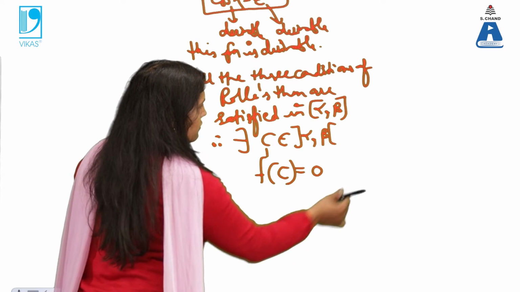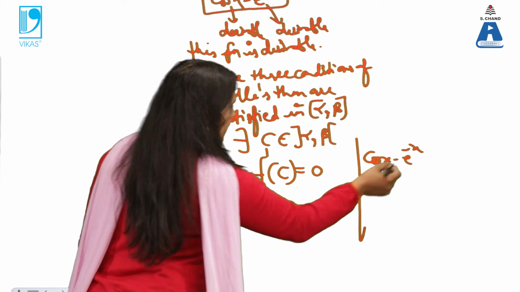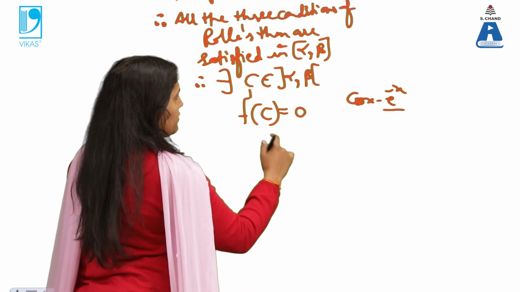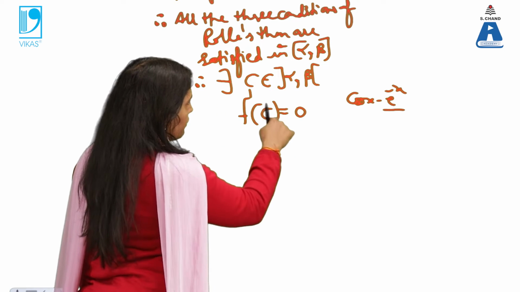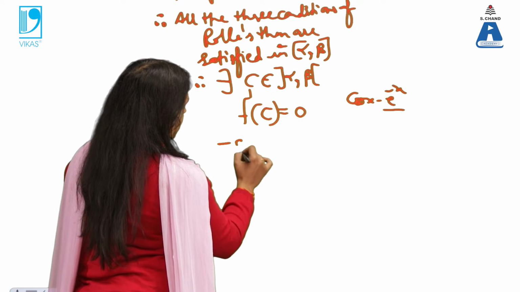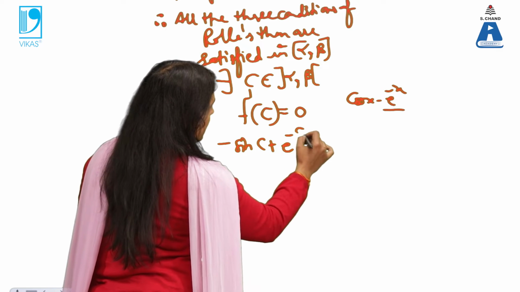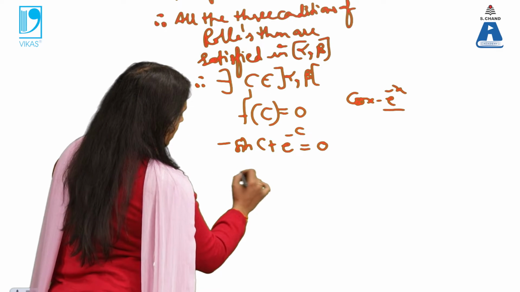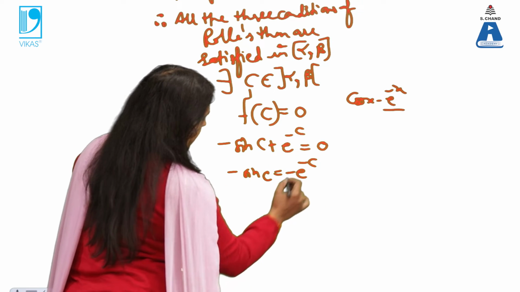My function was cos x minus e to the power minus x, now differentiate. So f dash c is 0. Instead of x you write c now, because this is f dash c. So the derivative is minus sin c plus e to the power minus c equals 0. Take this term to the right side and then divide.